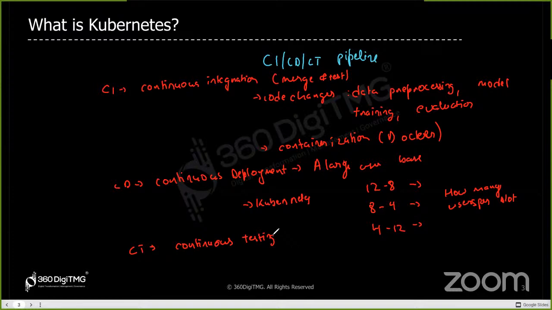Okay. So by integrating our CI/CD practices into the machine learning workflows, we can achieve more reliable, scalable, and efficient deployment for machine learning models, ensuring that they deliver consistent and high quality results.